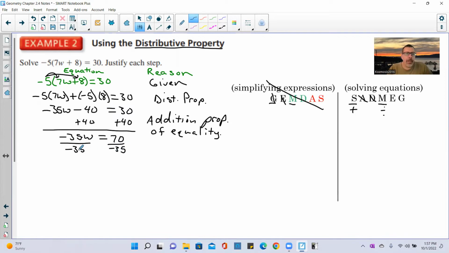A negative divided by a negative is positive, and we're left with W. 70 divided by a negative 35, positive divided by a negative is negative. 70 divided by 35 is 2. That is the division property of equality.